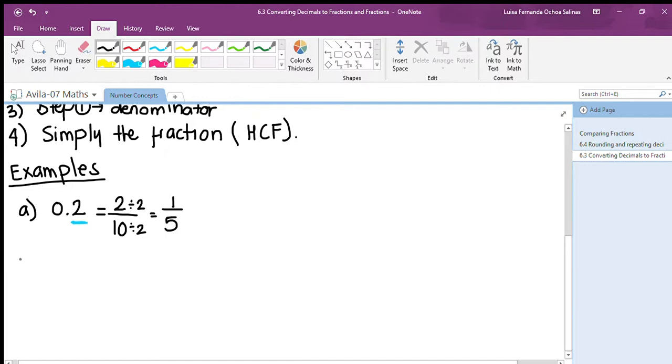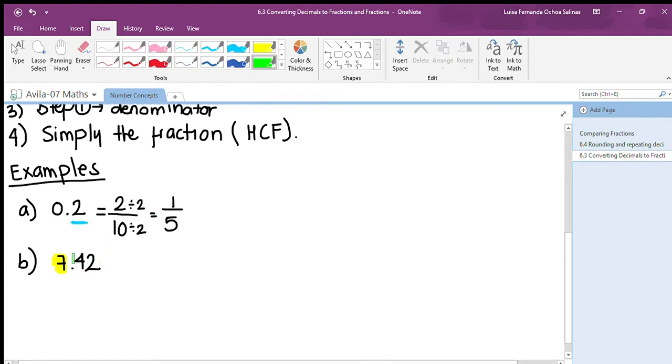Let's do another one. So if I have 7.42. Okay, so here, first, I want you to identify your whole number. So this bit is your whole number. And then what is your decimal part? Your decimal part is this bit here.